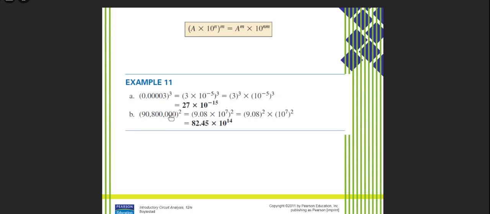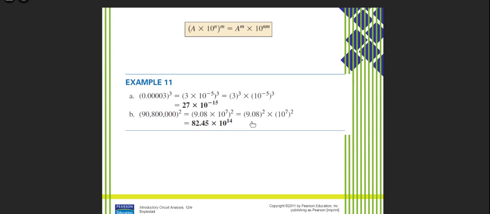Another example in here, this very big number that you see is actually 9.08 multiplied by 10 power of 7. For the power of 7, you will just count how many numbers are after the 9, or where you put the point, and then this will be the power of 10, and then you are going to bring it to the power of 2.